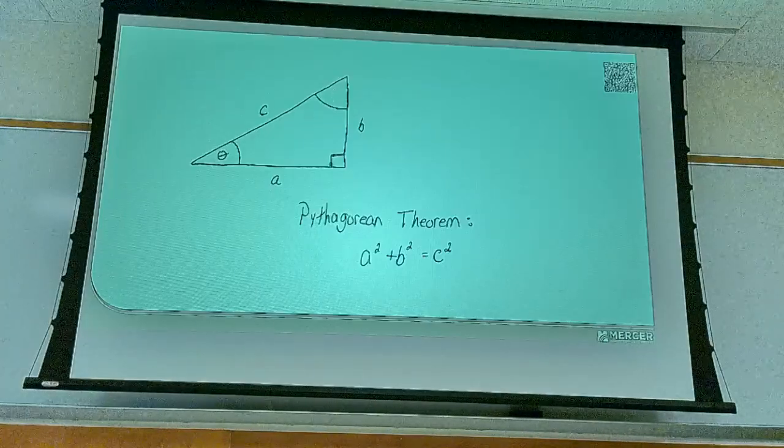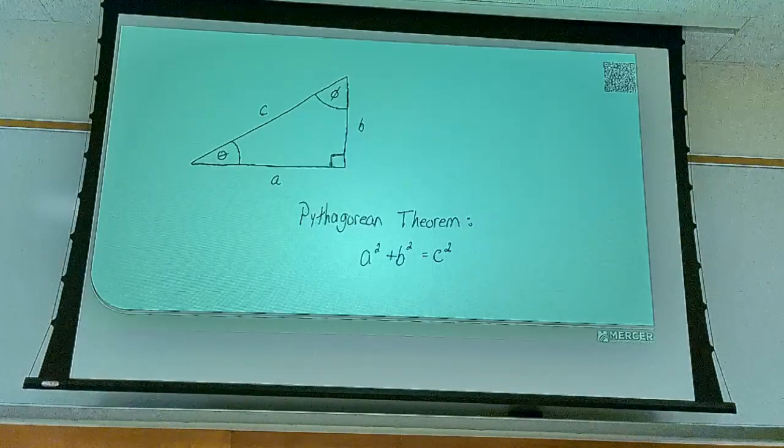Specifically for a right triangle, what is the relationship between theta and phi? Opposites. What do you mean opposites? Like their angles would be the same, maybe? Not necessarily.